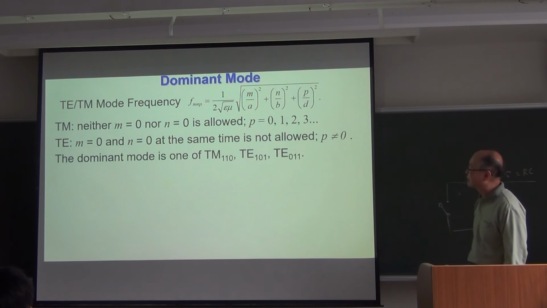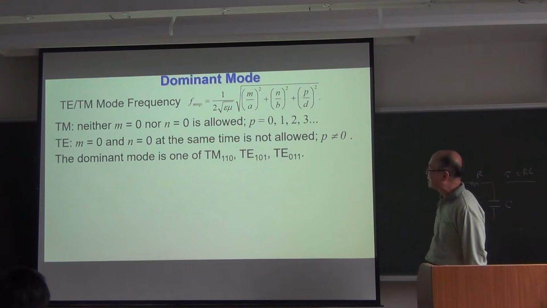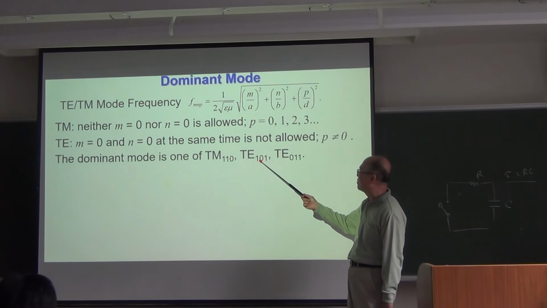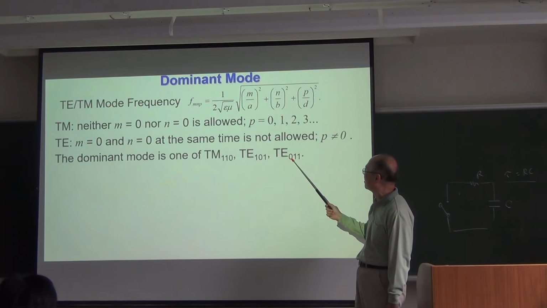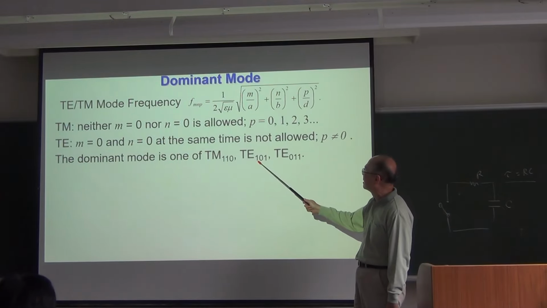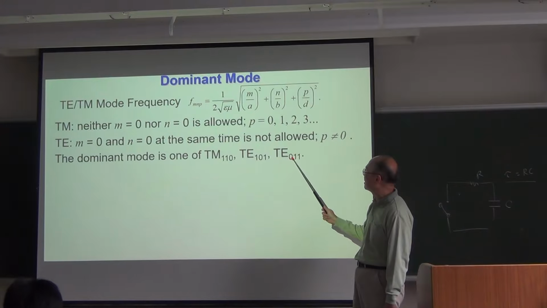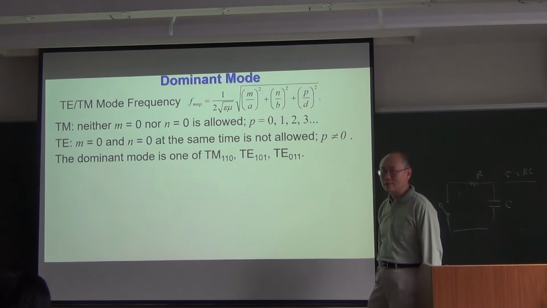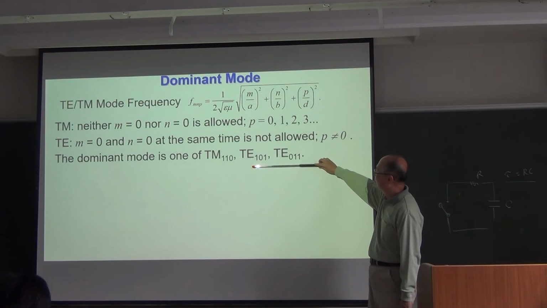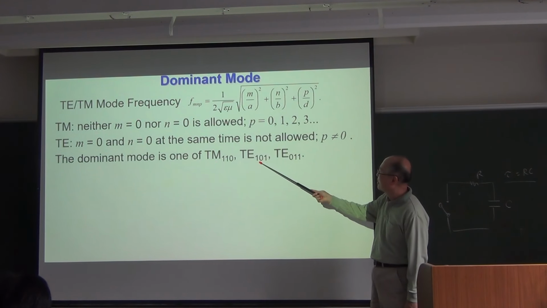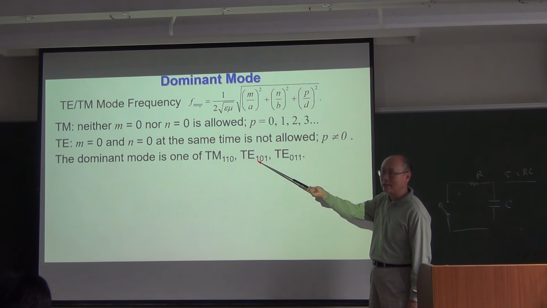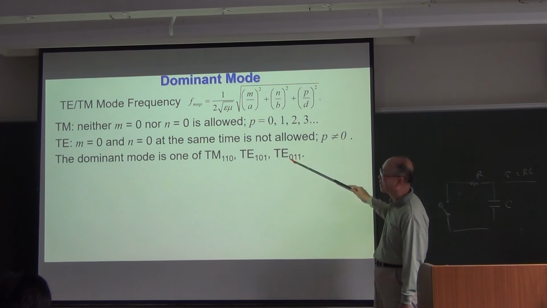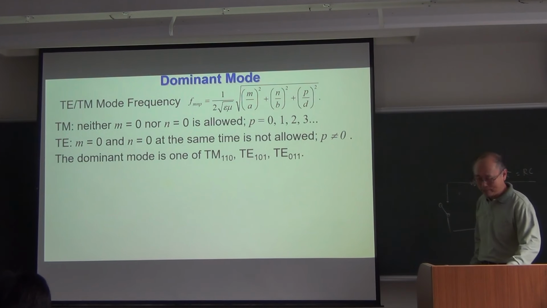Okay, so the dominant mode inside the rectangular cavity will be TM110, TE101, or TE011, depending on the value of a and b in the first two indices. Okay, if I want to pick this one, basically a has to be larger than b, and if I want to pick this one, then b has to be larger than a.